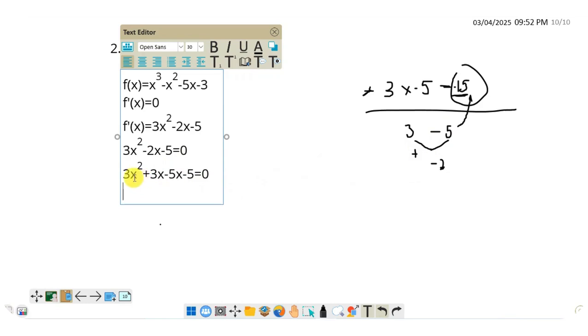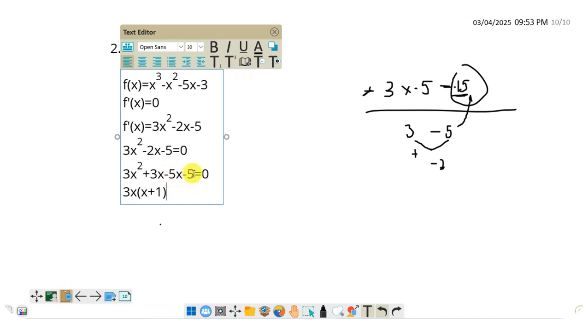Then from the first two terms, we take out the common factor. From here I can take 3x out. What will I remain with here? I remain with x plus 1. I took the common factor out of only these two because they had a common factor. Again, these other two also have a common factor.